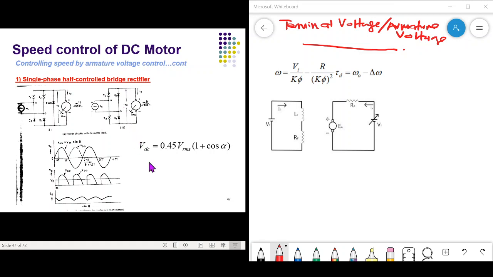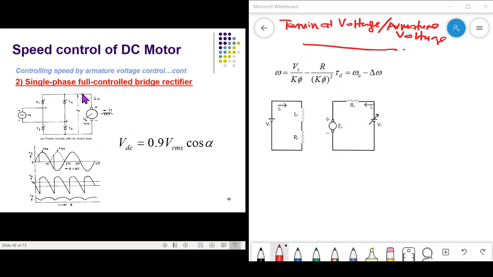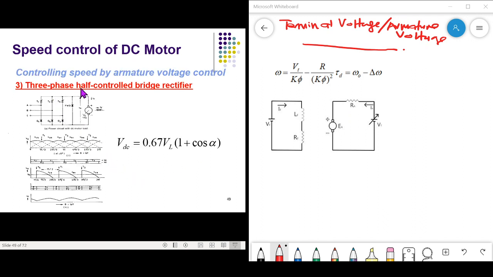The second one is the single phase fully controlled bridge rectifier. This is the equation for the average output voltage: 0.9 V RMS cos alpha. Then we have the three-phase half controlled bridge rectifier.